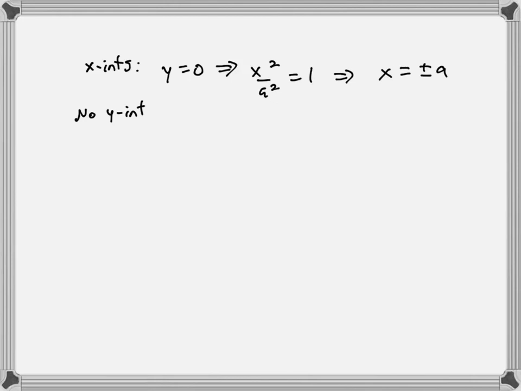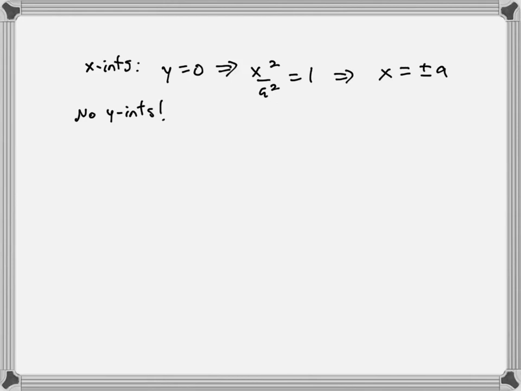Now, what are the x intercepts of a hyperbola? Well, when you plug in y equals 0, this means that x squared over a squared is equal to 1, which means that x is equal to plus or minus a. And so that leads us to our x intercepts. It does not have any y-intercepts. Why does it not have any y-intercepts?